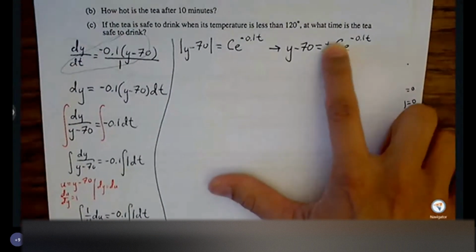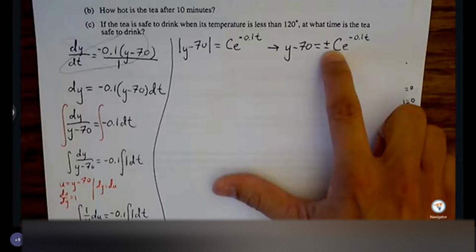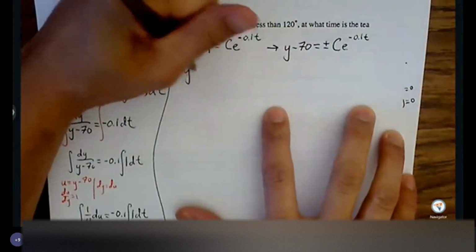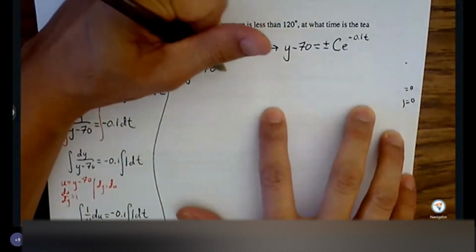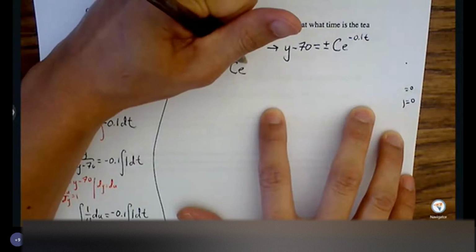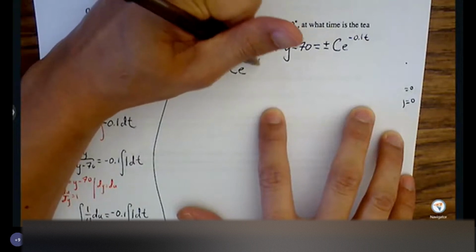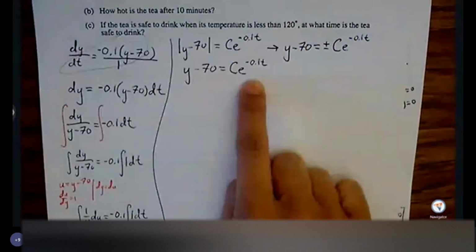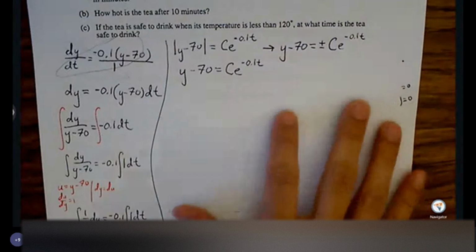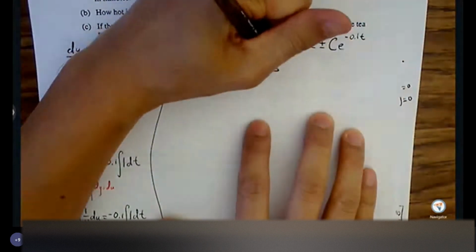We'll let that c absorb both that plus or minus. So we're just left with y minus 70. Okay, we add 70 to both sides, and now we have our general equation.